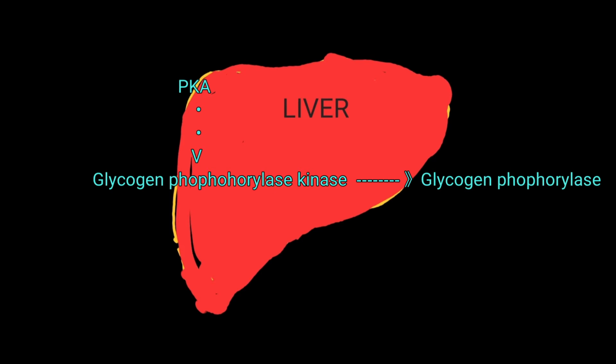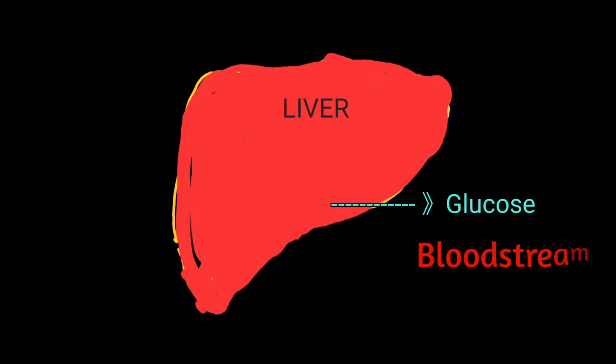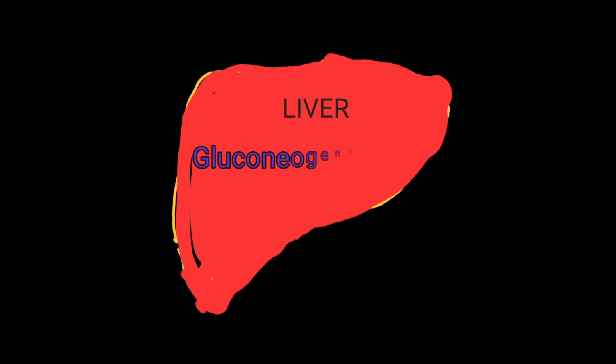The outcome of activating glycogen phosphorylase by phosphorylation is to break down glycogen and eventually produce glucose that is released from the liver into the bloodstream. Alongside glycogenolysis, gluconeogenesis will also begin during the fasting state, and that process is also activated by glucagon.